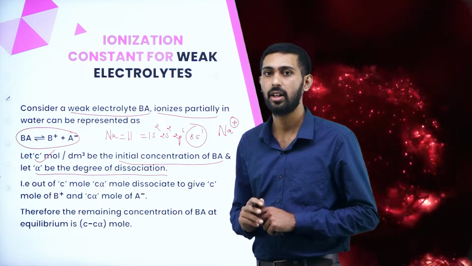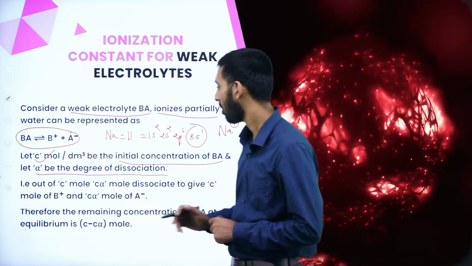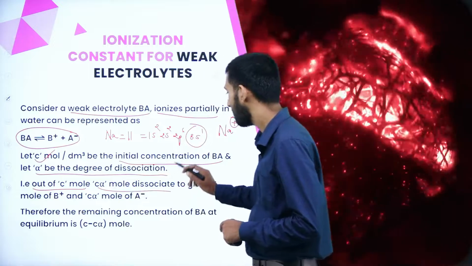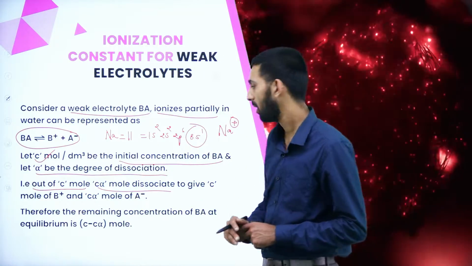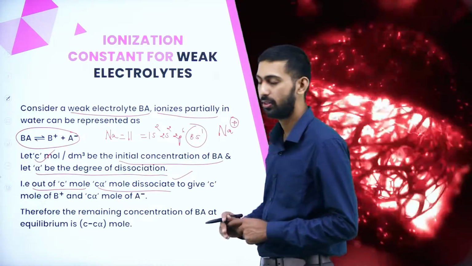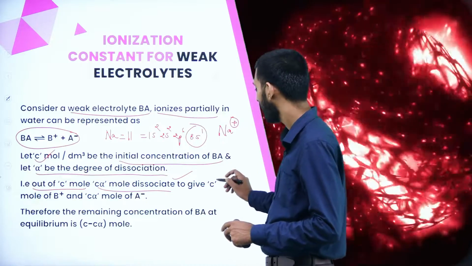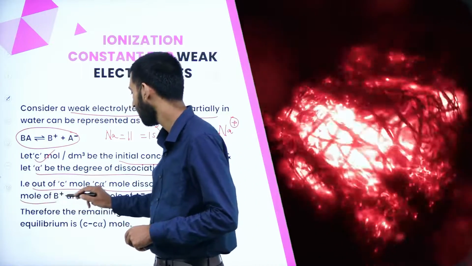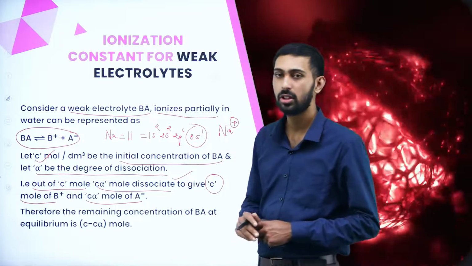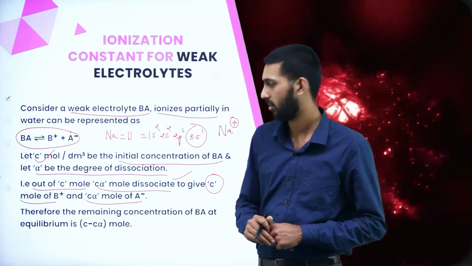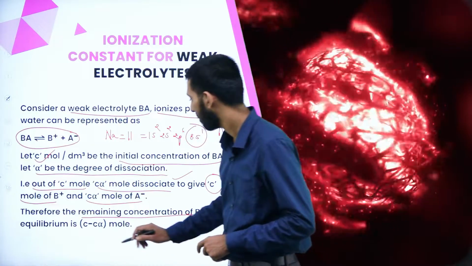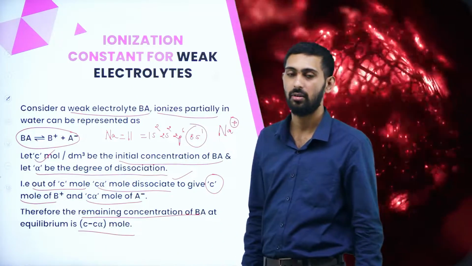Out of C moles, C alpha will dissociate. When it dissociates, it will give C alpha moles of B plus ion and C alpha moles of A minus ion. Therefore the remaining concentration of BA at equilibrium is C minus C alpha.